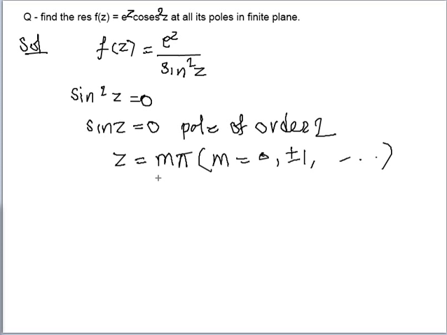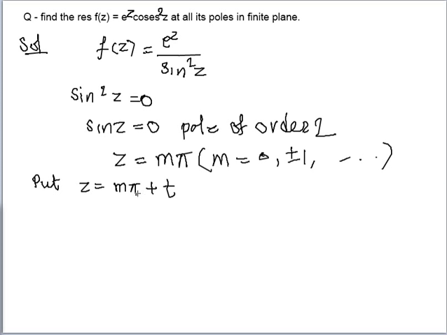Next we want to find the residue. To find the residue we approach with the second formula. Put z equal to a plus t. a is the pole, so the pole is m pi plus t. So everywhere I put z, it is m pi plus t.